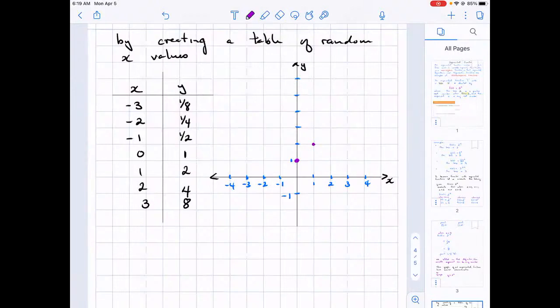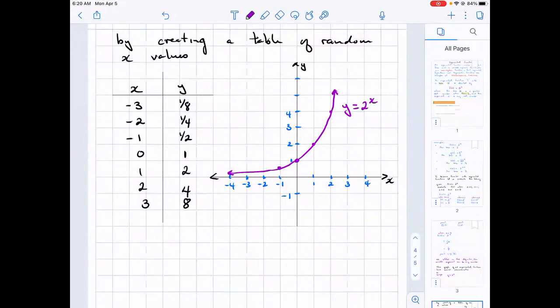When x is 2, it is 4. We know when x is minus 1, it's a half, and so forth. So what you will notice is that the graph would look similar to this here.